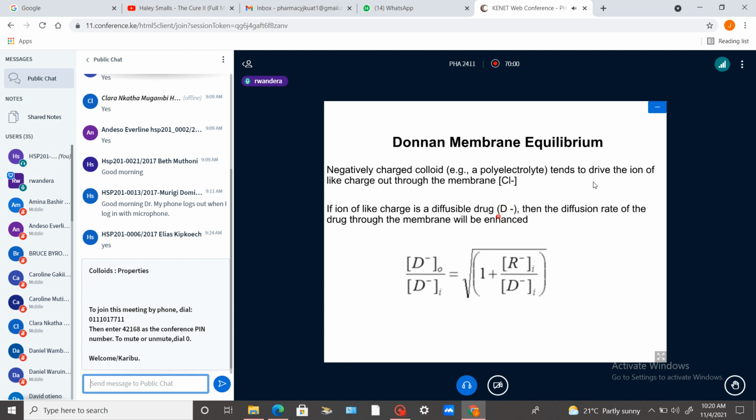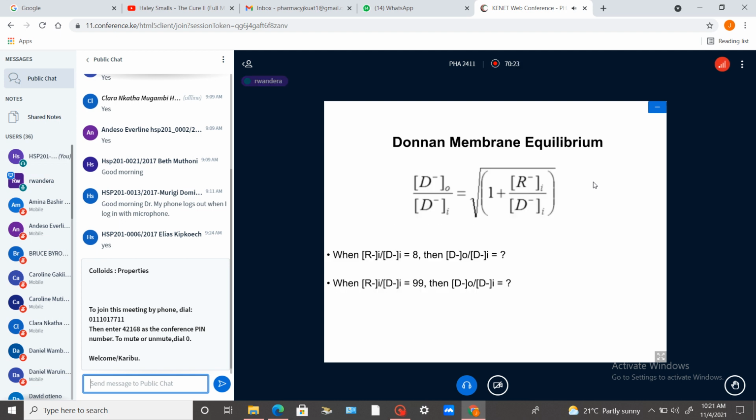As a result, you can use this Donnan membrane effect to enhance the diffusion of your drug across the membrane. So now we replace our negatively charged chloride ions on the outside and on the inside with a diffusible drug.